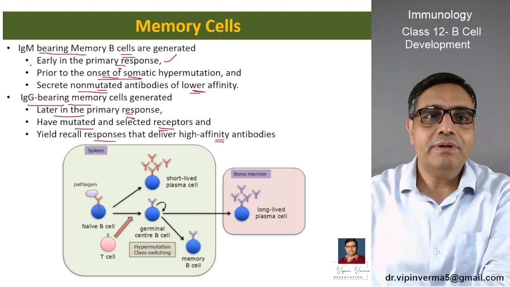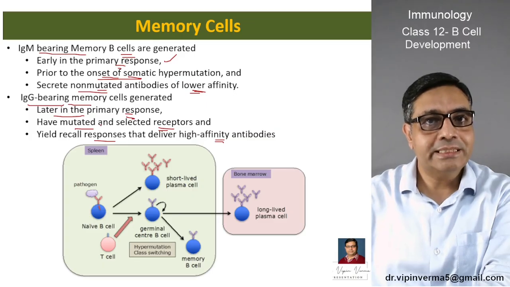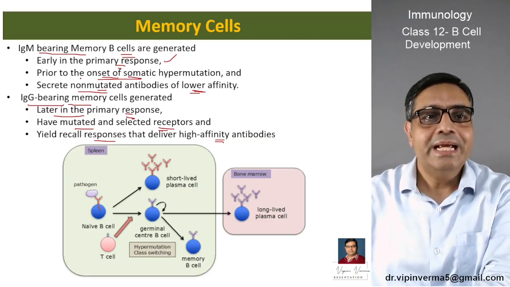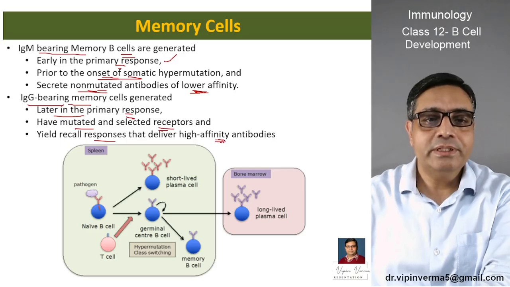IgM early, IgG late. IgM cells are formed prior to the onset of hypermutation, while IgG cells are formed after the hypermutation. IgM bearing memory B cells secrete non-mutated antibodies of lower affinity, while IgG bearing memory cells secrete high affinity antibodies.